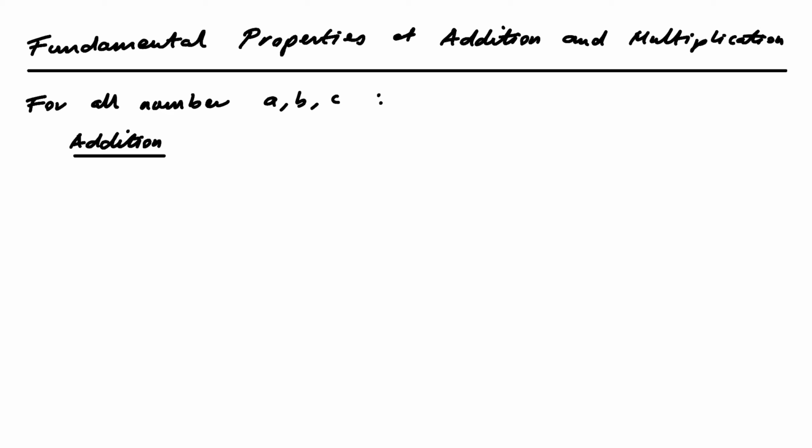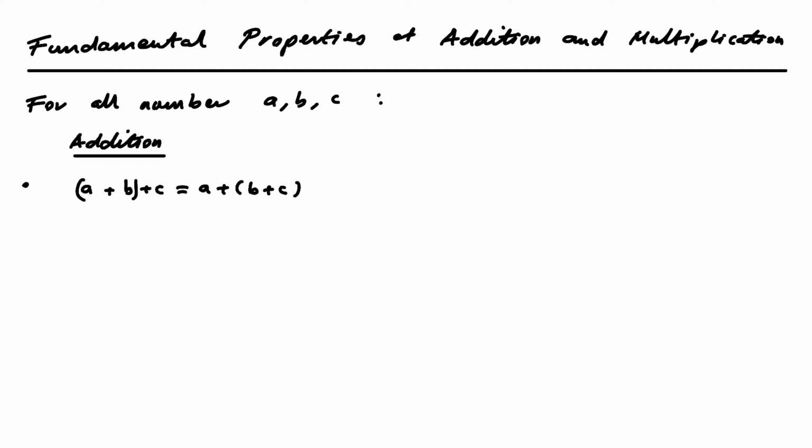The first is, well, I said a moment ago, when we add things, we kind of, as a rule, add two things at a time. So if I give you three things to add, how do you do it? How do you bunch things up? So if I give you A, B, and C, and I add them, well, I've got two obvious choices. I've got this, or I've got this. And it is a fact they are equal to each other.